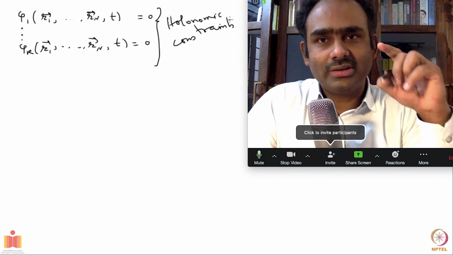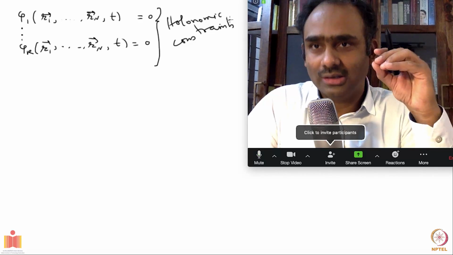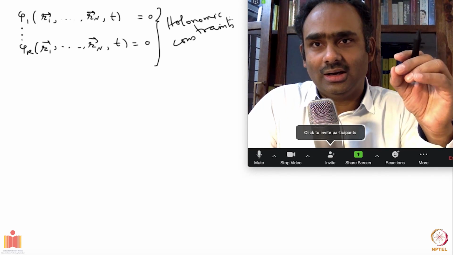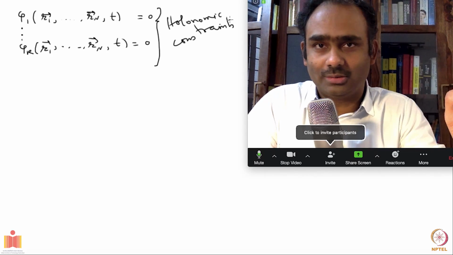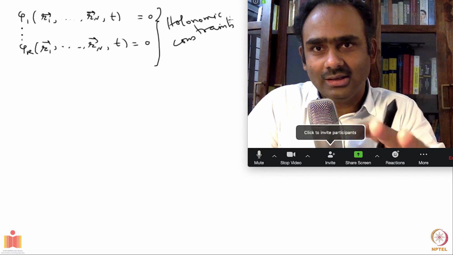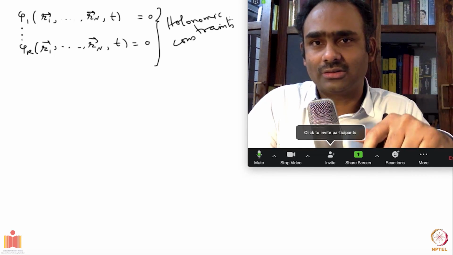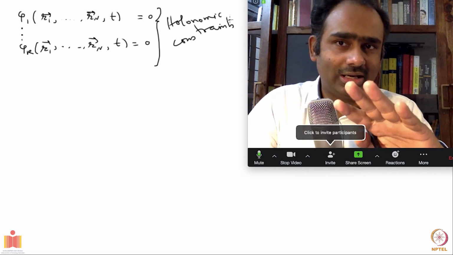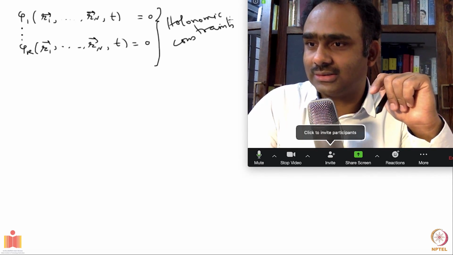If your constraints cannot be put in this form, meaning you cannot write down functions specifying your constraints, then they are not holonomic. Okay, there are different kinds of non-holonomic constraints. We are not bothered with them. We will only restrict ourselves to these. Okay, and note that I have allowed for time dependence in here. Okay, so time dependence is fine for us.